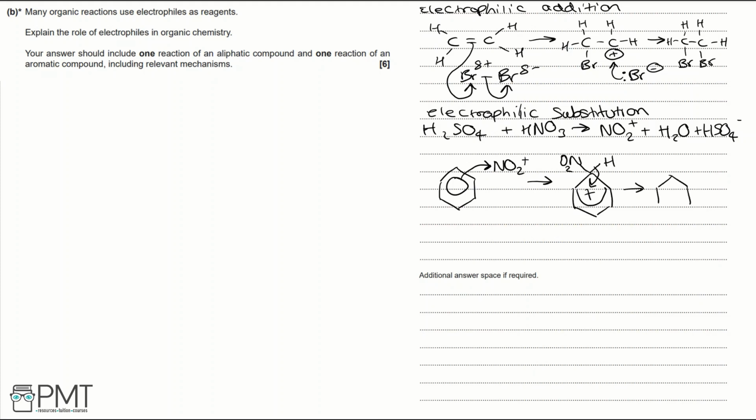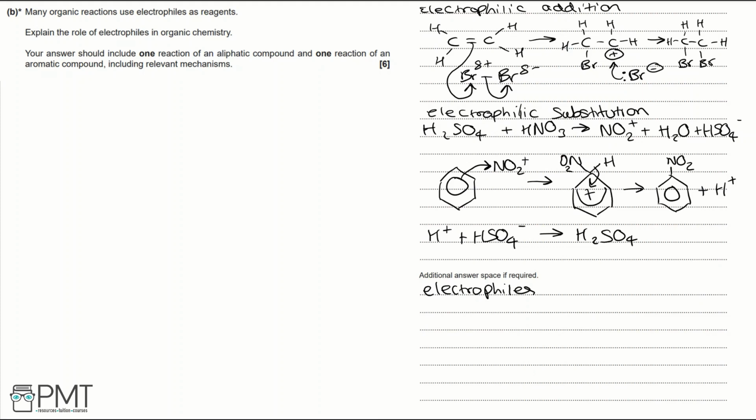The hydrogen is reattracted to the benzene ring, and we form then a benzene ring with an NO2 group and an H+. This is nitration of benzene, but we need to reform our catalyst. Our H+ is then reacted with our HSO4- and forms H2SO4.